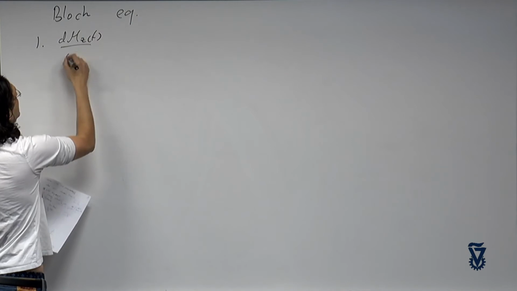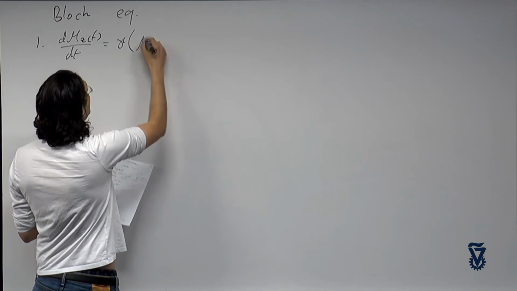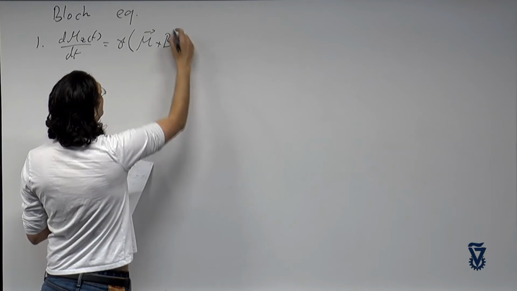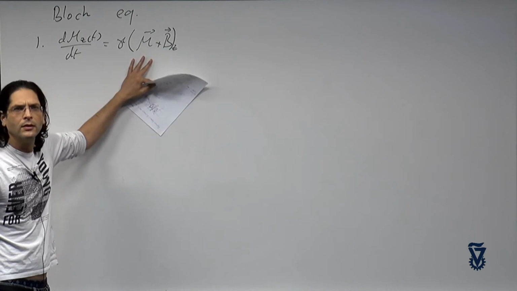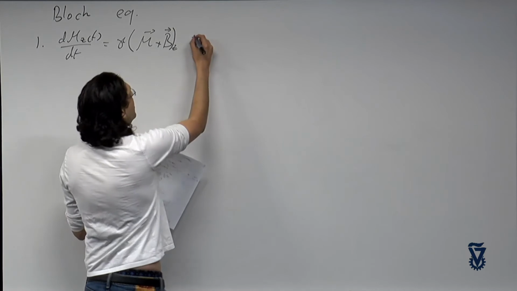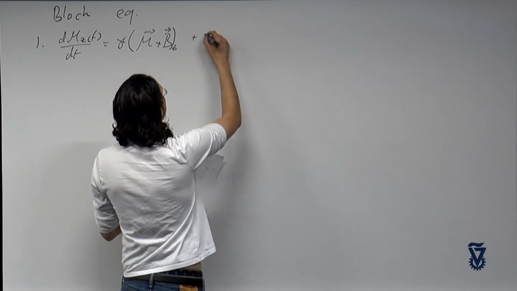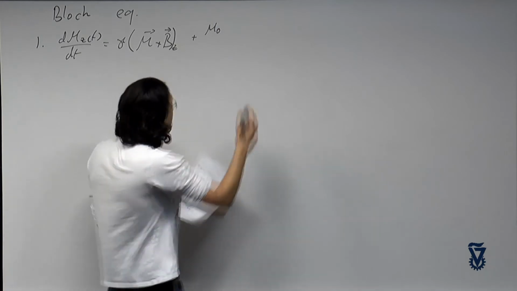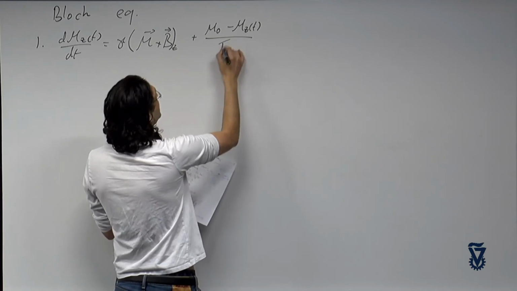So dMz/dt equals gamma (M cross B) in the z direction. This is just the z component of the dynamics that we saw 2 lessons ago. And now we add, this is the phenomenological part that will be responsible for the T1, the energy relaxation, M0, our steady state magnetization, minus Mz as a function of time, divided by T1.